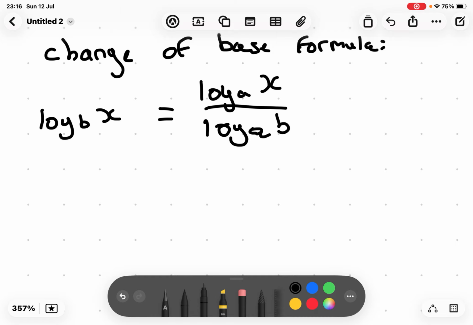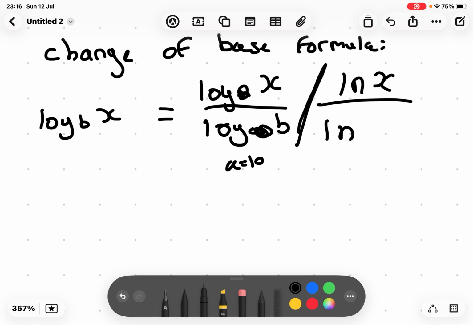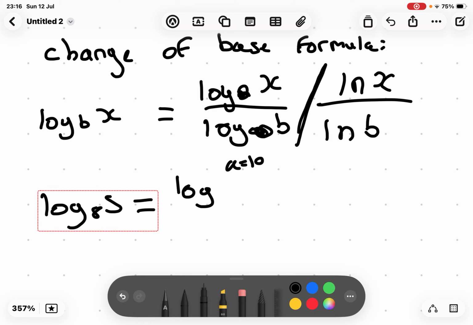What I mean by this is the a's are tens, they basically don't even need to be put in. Most of the time people change it into normal logs, but we also do use natural logs in this situation. An example can be log 8/5. We can make it into this, even though I don't understand how and why, so I'm gonna ask ChatGPT.